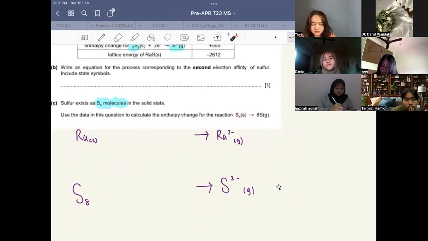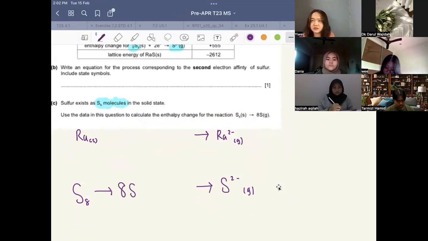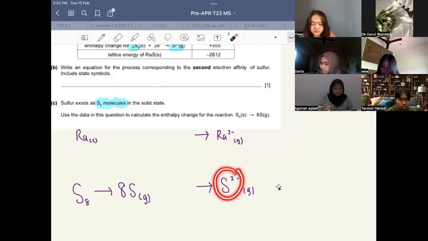You just need to work on the sulfur. Okay, let's see. If I want to break or to atomize my S8 molecule, I will get 8 sulfur. Agree? But in the end, I only need 1. So what must I do?